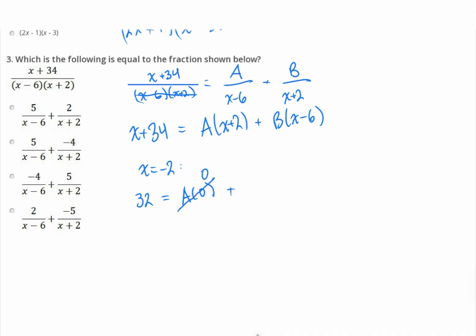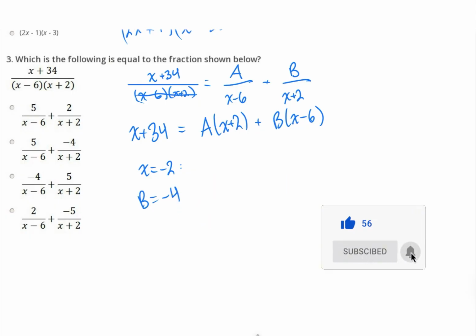And then b of negative 2 minus 6, which is negative 8. The reason I chose x equals negative 2 is because the x plus 2 cancels out to give us 0, and then we are just left with b. Dividing both sides by negative 8, we get b equals negative 4.